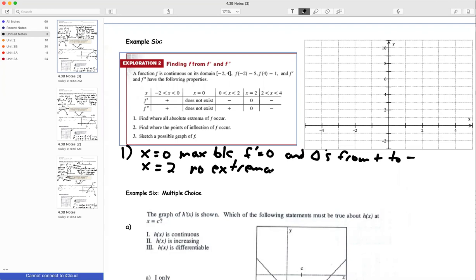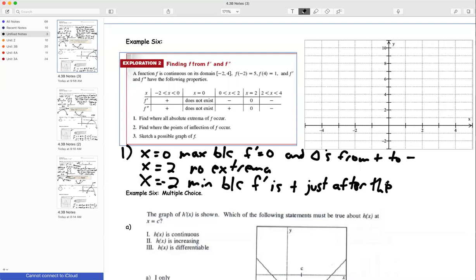So I'm going to check at -2. X is equal to -2 is going to be a minimum because f prime is positive just after the endpoint. And I know it's positive because I'm looking at the first derivative there. And then I'm checking x is equal to 4, the other endpoint.